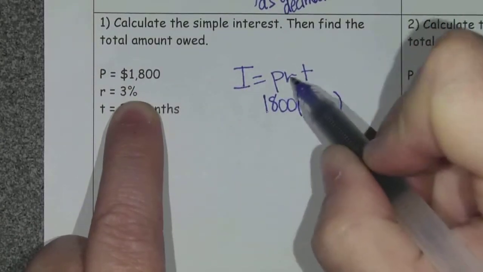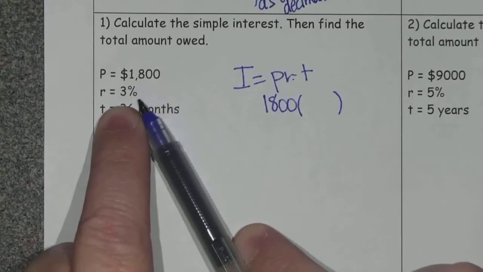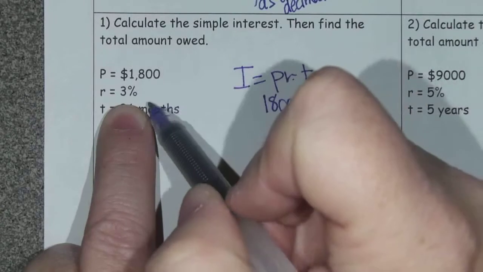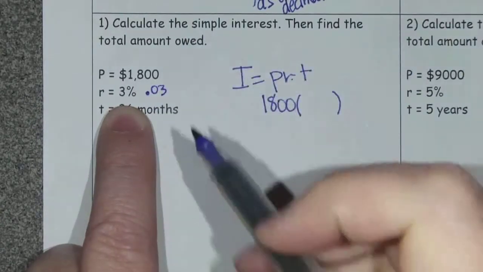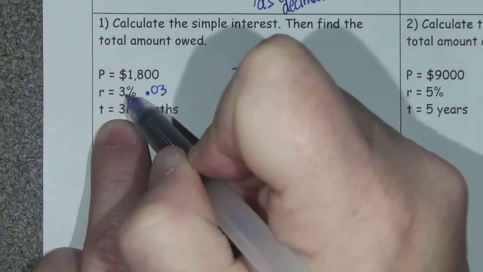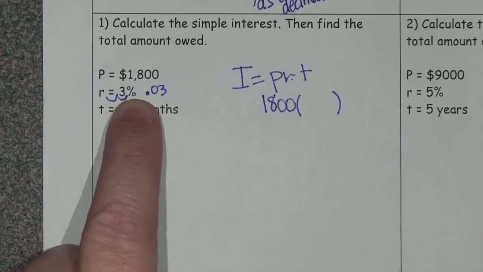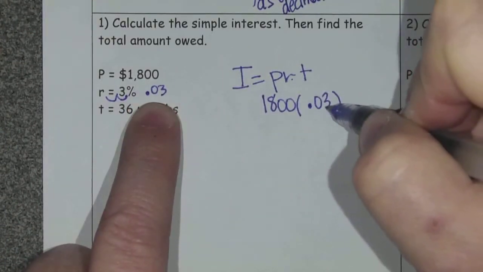We're going to put the interest rate in, but I need to put it in as a decimal number. Does anybody know what 3% is as a decimal number? Yeah, it's 0.03, because you would take that decimal and move it 2 places, right? You could punch that in your calculator though and it will give you that decimal number. So you're going to put 0.03 right here.